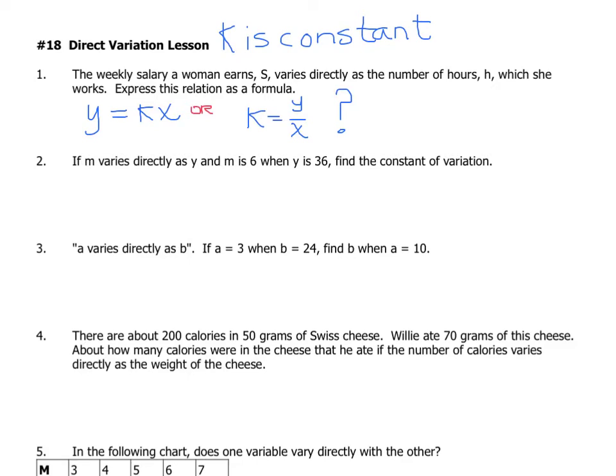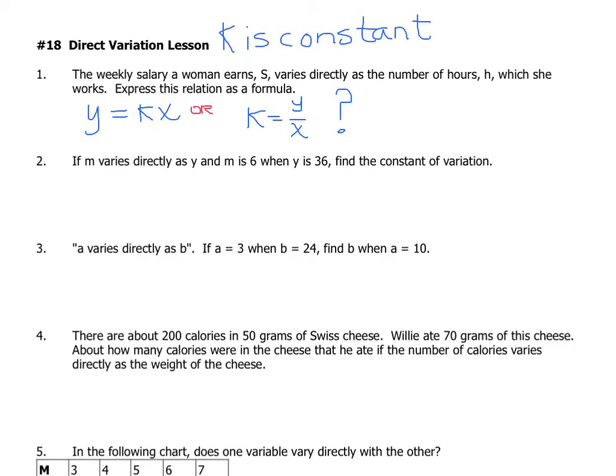So let's look at number one. The weekly salary a woman earns, S, varies directly as the number of hours she works. That makes sense because the more I work, the more money I make. So we're going to express this relationship as a formula. I went ahead and put both equations down. Are we trying to find the constant, the thing that's happening the same, or are we just stating the relationship?